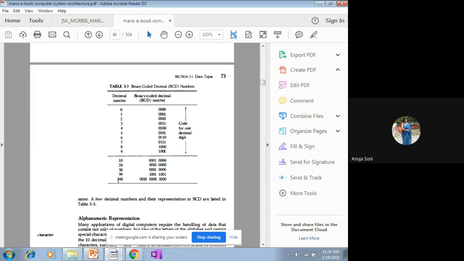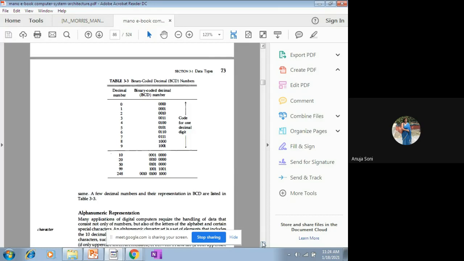Similarly for 4, you go to the table and locate the corresponding combination against 4. It is 0100. You place this value. Similarly, for 2, you go through the series, find its combination and place it. So ultimately, what will be the BCD value of 248? It will be 0010, 0100 and 1000. So this is the difference.